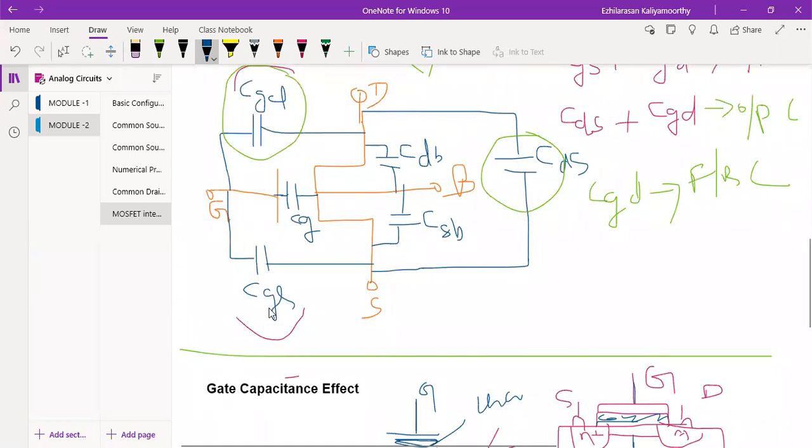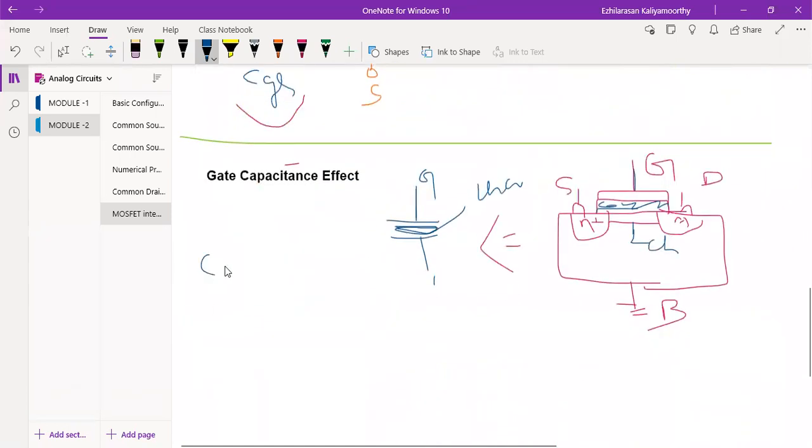One is CGS. Next is CGD, because of the gate. Next is CGB. So totally these three capacitances are involved. We can model these three capacitances. Now the value of each capacitance we can determine as follows.